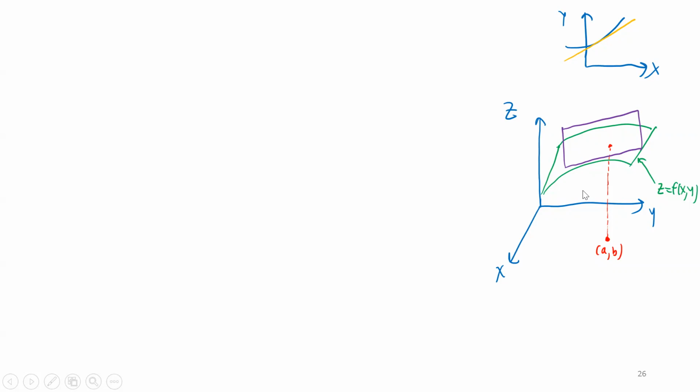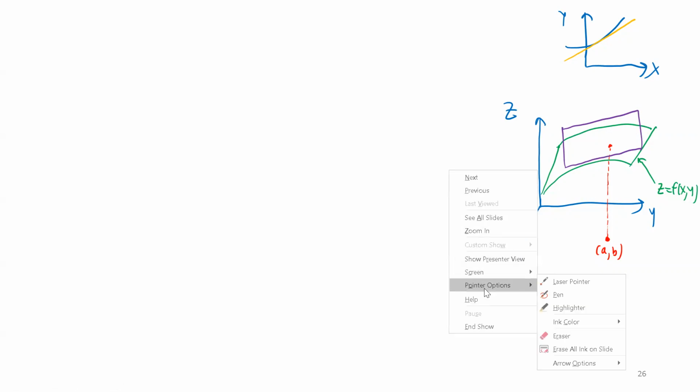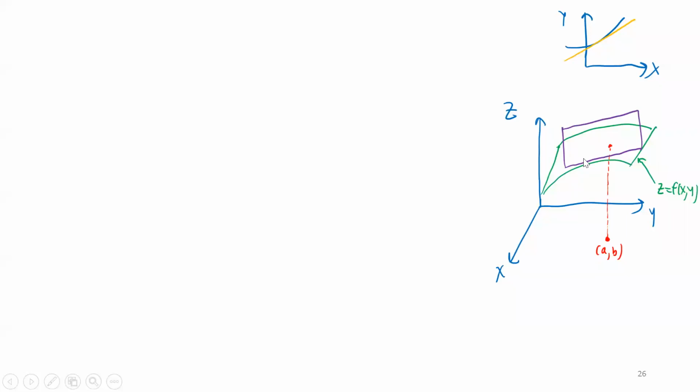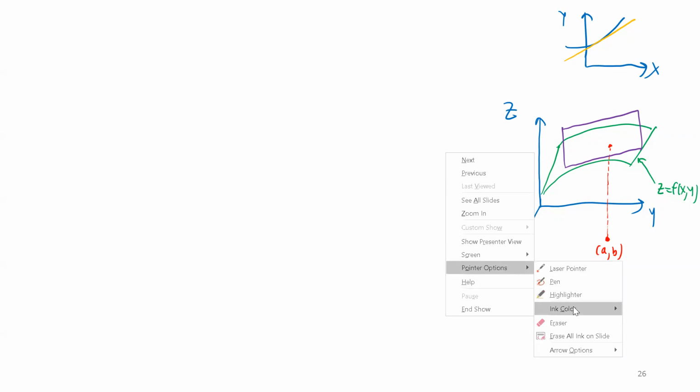Then how do I represent this plane as a function? For those who know how to find the equation for a tangent plane, you know it well already, but let me just say it. To find the equation for this tangent plane, first of all I want to find a normal vector for the plane.